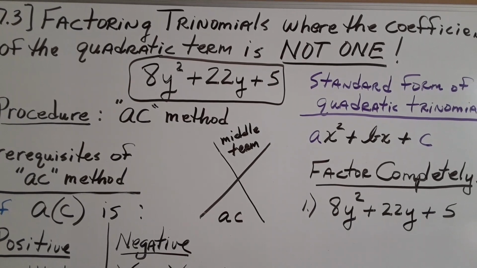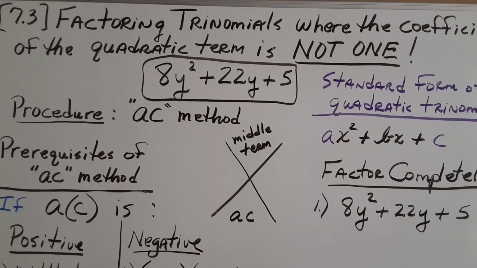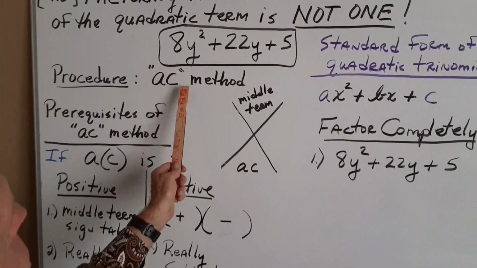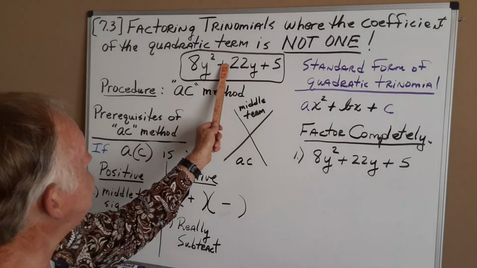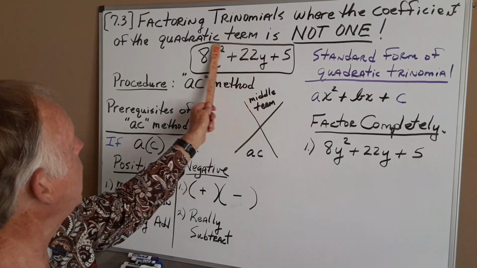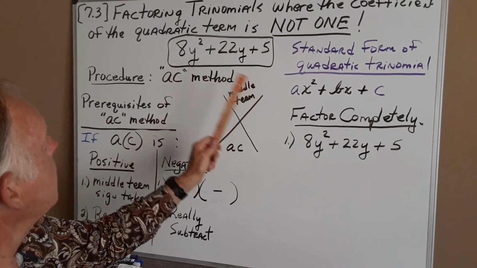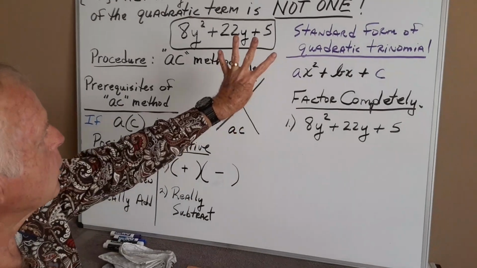And then we're going to factor by grouping. Let me repeat it again. To use the AC method, we're going to rewrite the trinomial into a polynomial that has 4 terms.